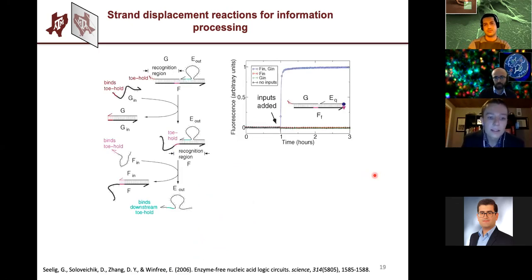Georg Seelig and Erik Winfree formalized this 6 years later into true nucleic acid circuitry, where they abstracted these strand displacement events to follow Boolean logic and Boolean circuit logic.